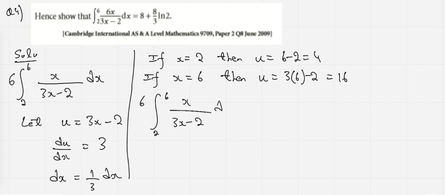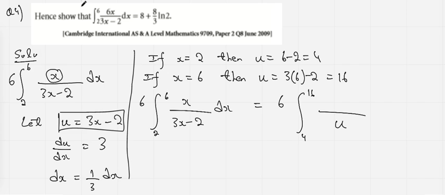So now my function is going to be transformed in terms of u. It is 6 times the integral going from 4 to 16. Now, what should I write in the place of x? I pick up this equation and transform it, keeping x as the subject.